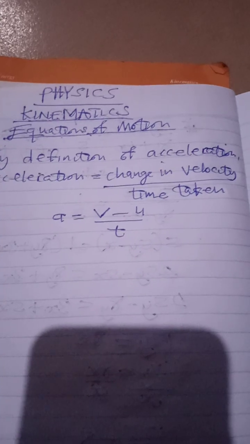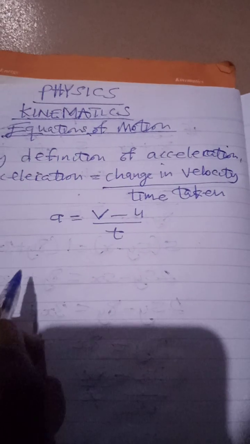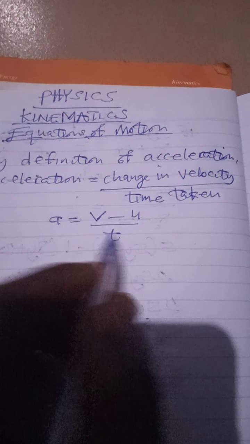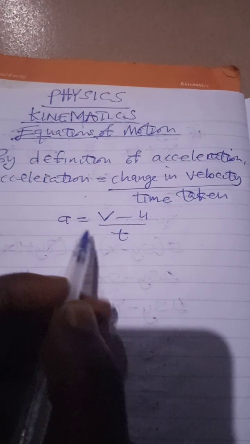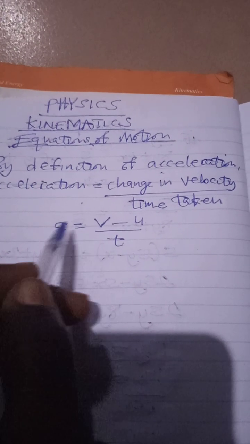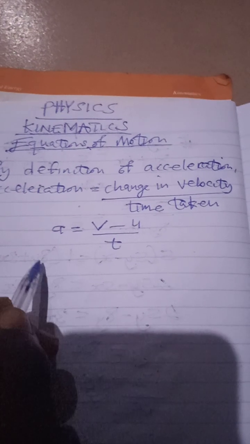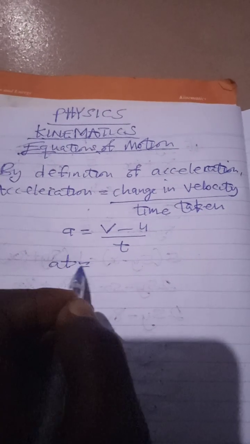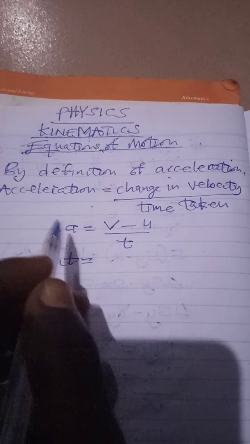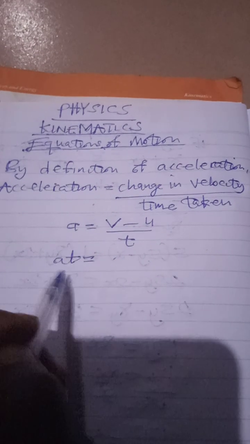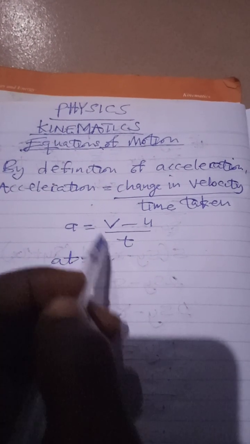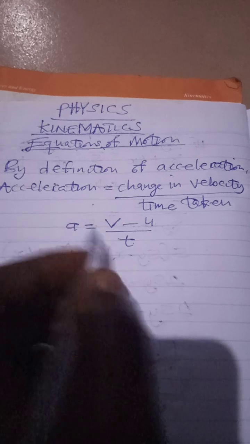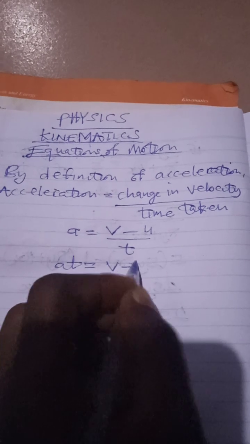Okay, so now you can multiply both sides by t. Here you get at, equal to, so you multiply t by both terms. If you multiply by t, it will cancel t, so you get v minus u.